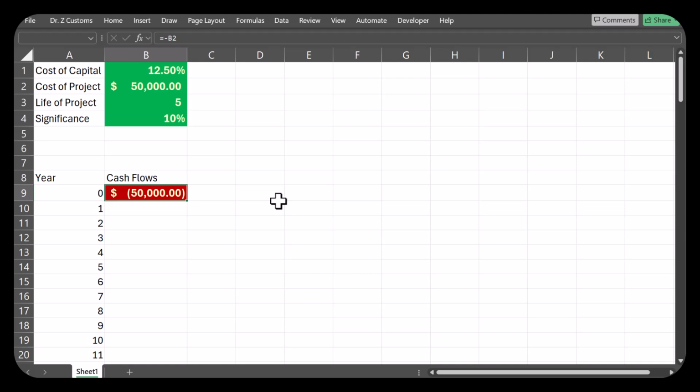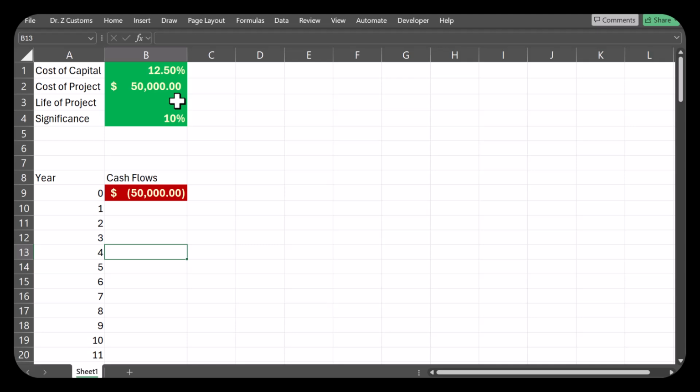Now I have all these inputs. In this specific case, the first 5 are the inputs. So I'm going to do 2 things over there. One, I'm going to tell myself as the user, or if you are the user, I'm going to give you an indication of which cells you need to put the numbers in.